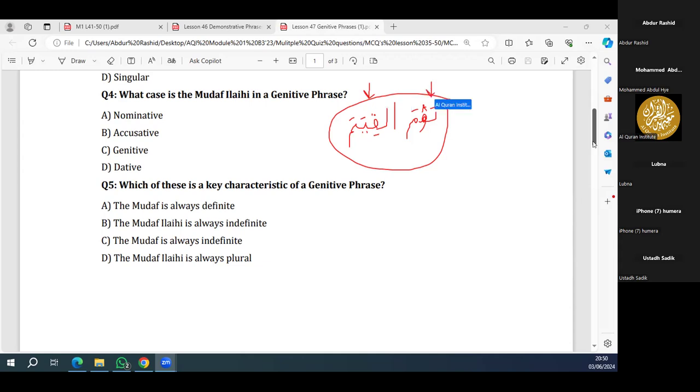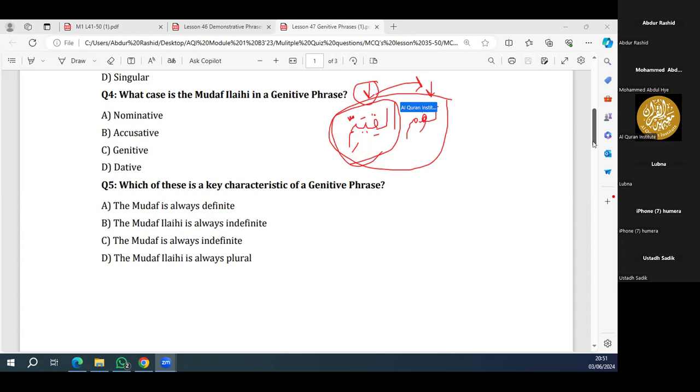Because it is definite, what he owns will also be definite by meaning. That's the common sense you take in first. Now, I showed you Yawmal Qiyamah, Yawmal Akhirati, and you got the usual mudaf ilayhi definite, correct?